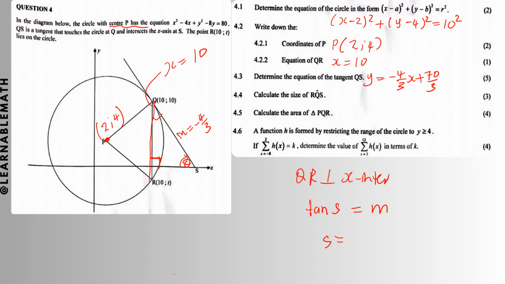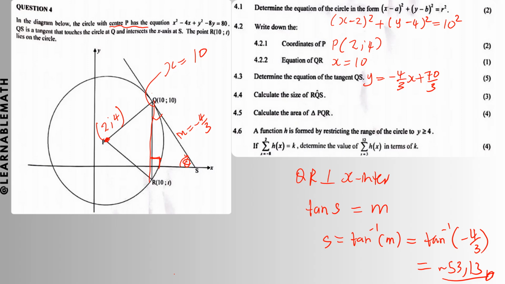So our S will be arctan of m. Okay, m is the gradient. Arctan of -4 over 3, then to solve that angle S there. So arctan of -4 over 3 will give us -53.13. We know that if we get a negative angle, we can add 180 so that we get the positive angle there, right?